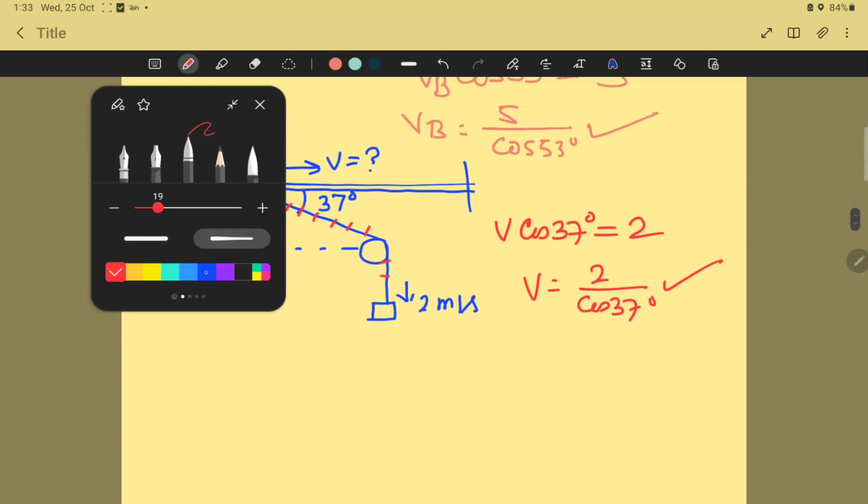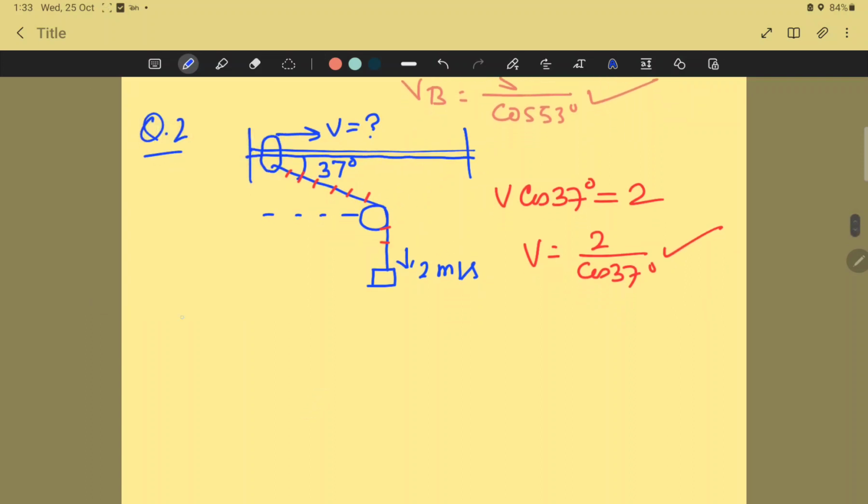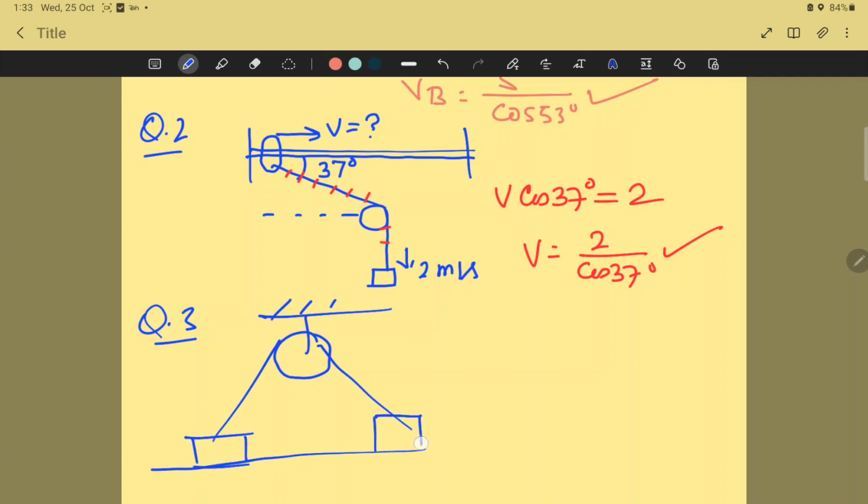Now let's quickly do question number 3. Question number 3, just two blocks are there, making angles 37 and let's say 53. If block A is moving with 5 meter per second, you have to calculate the velocity of block B. So once again the situation remains the same.